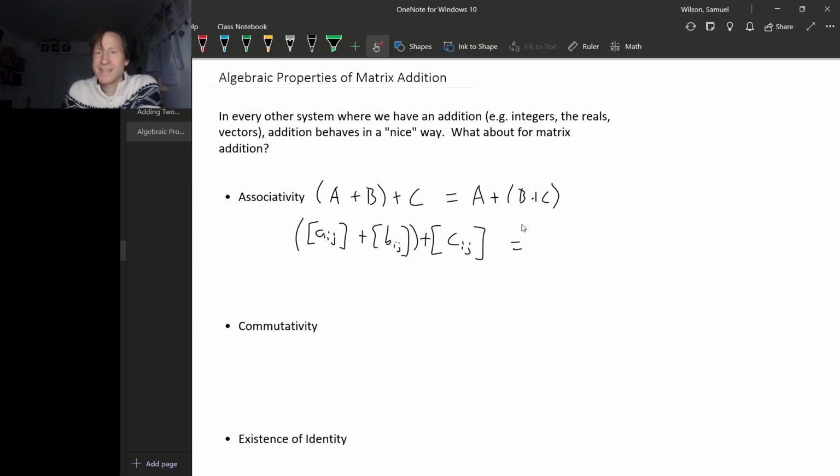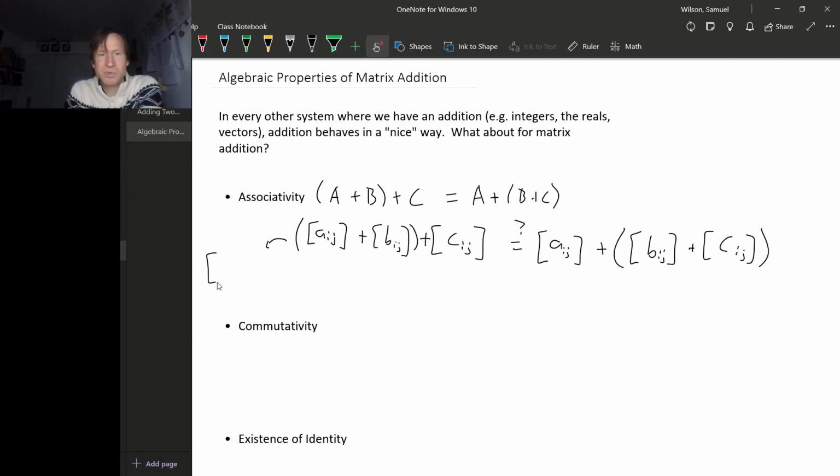And we want to check, is this equal to, if we do the addition the other way, little a_ij plus, in parentheses, little b_ij plus little c_ij. And on the left here, if we actually do this addition, we would have to do it in two steps.